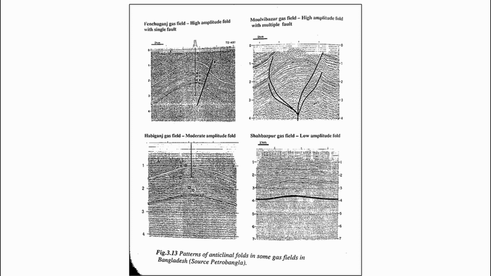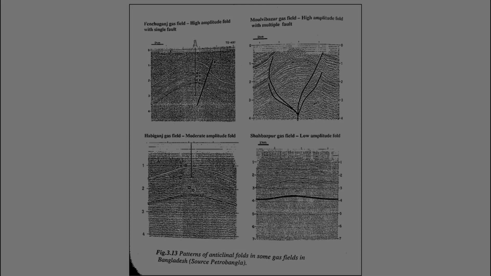In the lower left side, you see a moderate amplitude fault in Habiganj gas field. In the lower right side, you can see a low amplitude fault in Shahbazpur gas field.